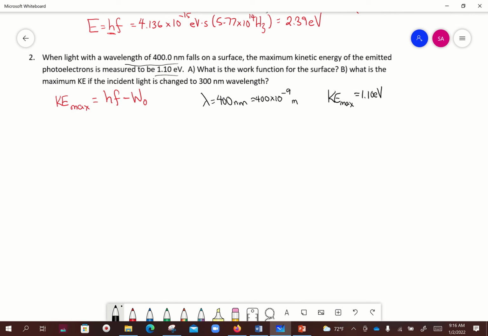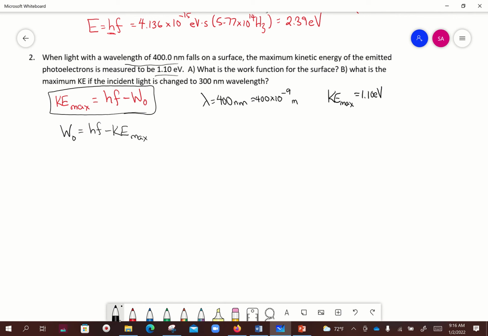I want to find the work function, so I want to rearrange that equation to give me the work function. If I rearrange, I get the work function is equal to hf minus KE max.